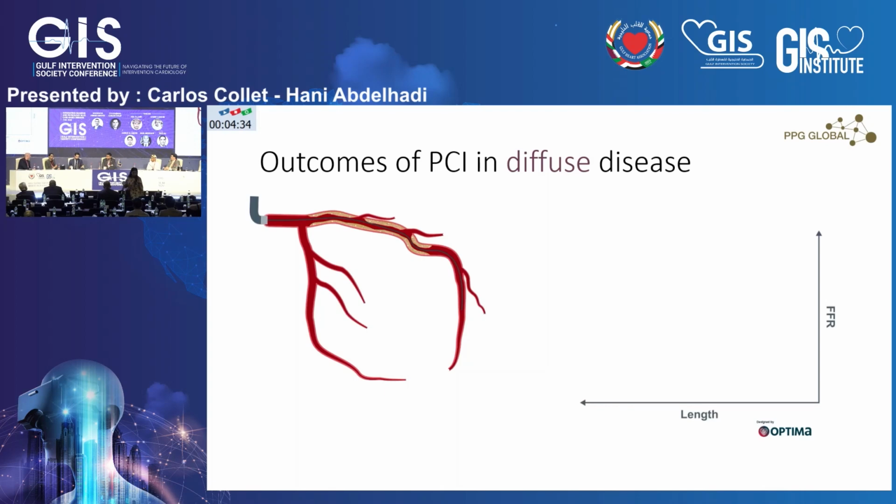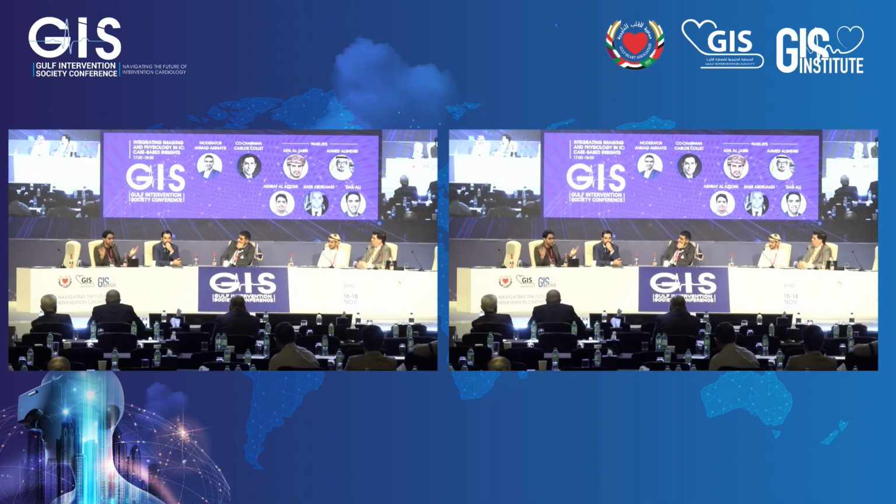The sad part about the medical therapy is that all of the CT data shows that these people just die, right? Because plaque volume and total atheroma volume is tied to mortality, which makes sense, right? They have disease everywhere, in their carotids, in their peripheral vascular disease, in their mesentery, everything.